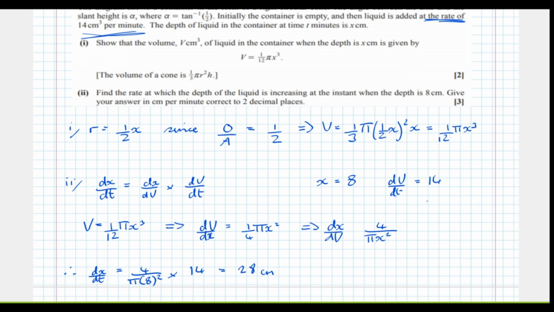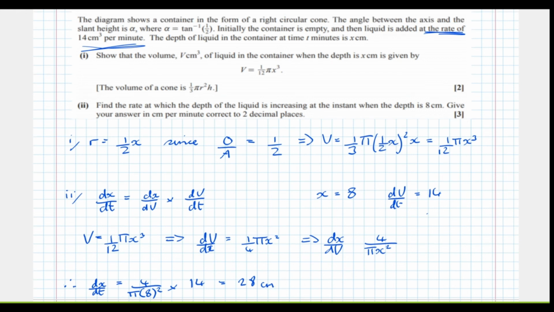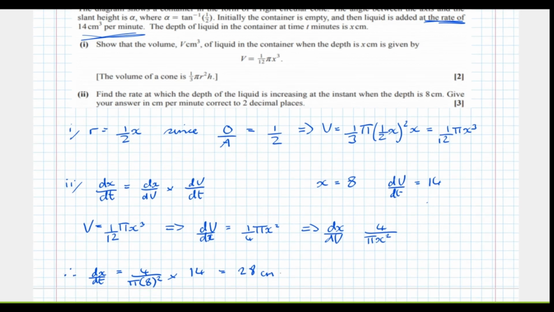And it's centimeters per minute. I forgot to write the 0 point there. There we go.